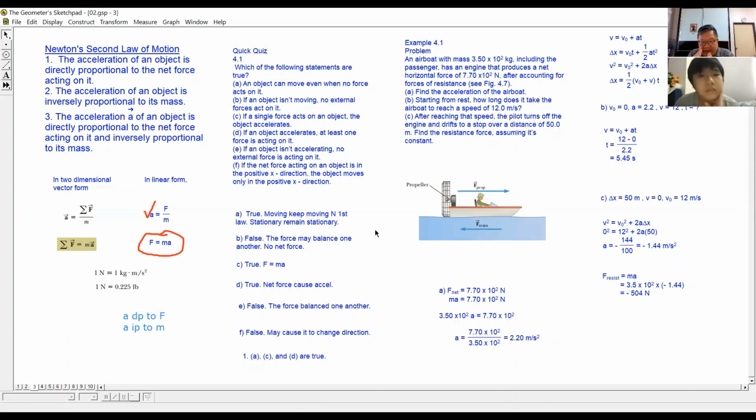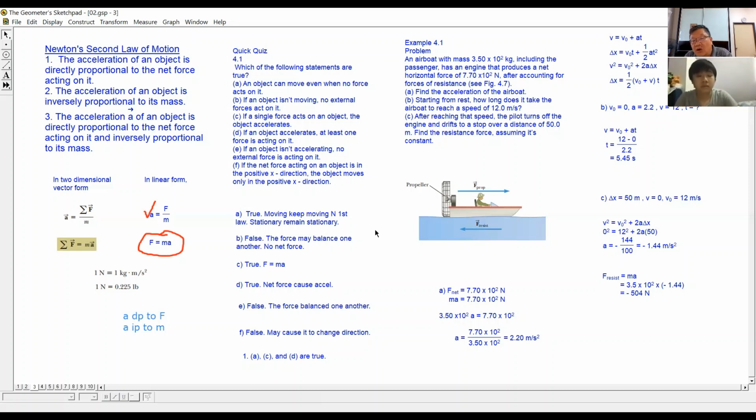What I'm trying to say is that when the force is acting on it, it may cause the object to change direction, not necessarily follow the original path of the object or the direction of the force. Unless the force and the motion of the object are parallel, then you exert the force on it and it will continue to move in the same direction, the x direction.